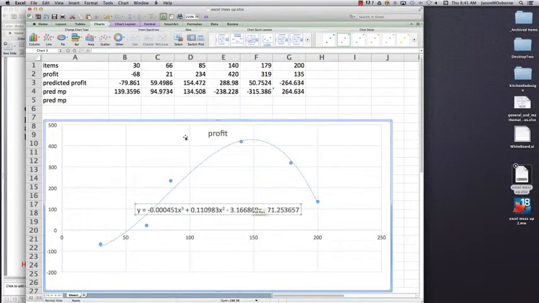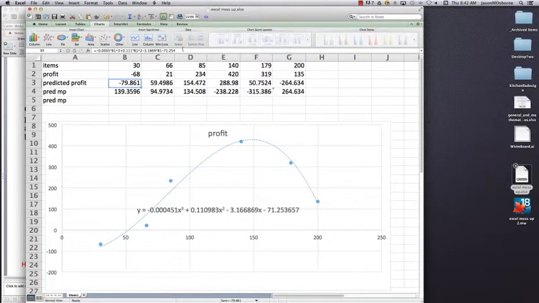Now you can see that the formula Excel is actually using is a little bit different from what we typed. Instead of minus 0.005, what is actually being used by the computer is 0.00451. So we need to update this formula to more accurately reflect what Excel is actually using.